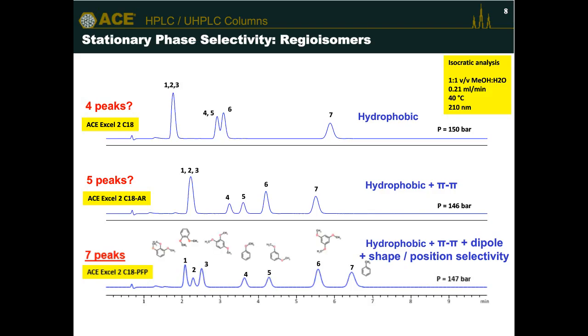And I'll put the structures of the regioisomers on the slide there as well. So you can see how the different chemistries really do give different chromatography and different selectivity. So stationary phase selectivity is very powerful for method development.